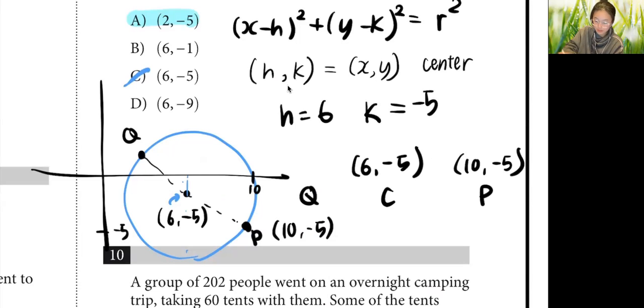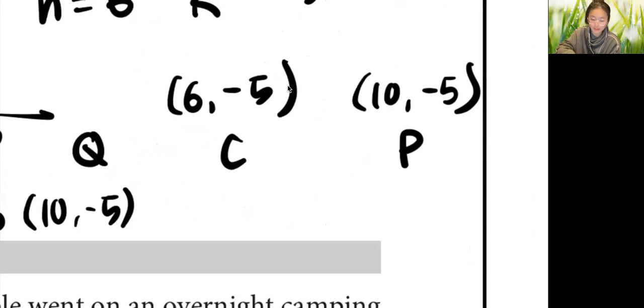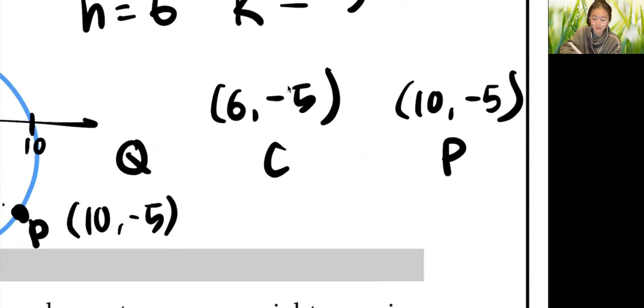So from here, we should look at the change in X. Change in X is from 6 to 10. We're not going to go the other way around because this is the center, right? So we got to go like this. From P to the center is 4.